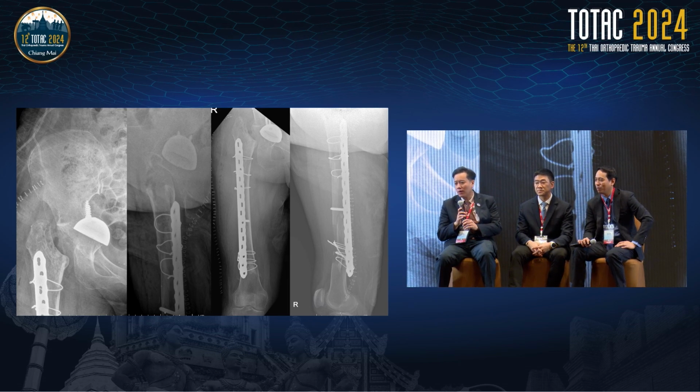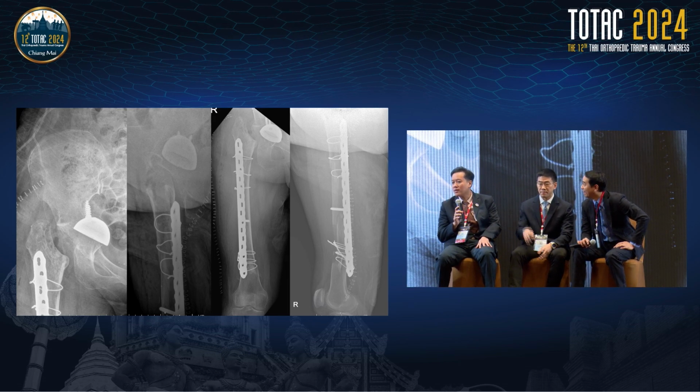If you confirm there's no infection, the concept would be fixing the whole bone, either with a long prosthesis or a long implant, and also addressing the protrusion of the acetabular cup.